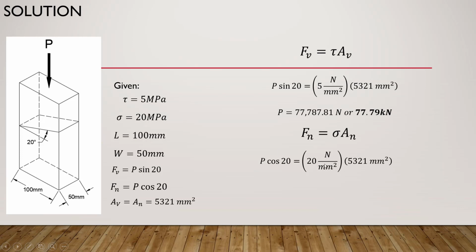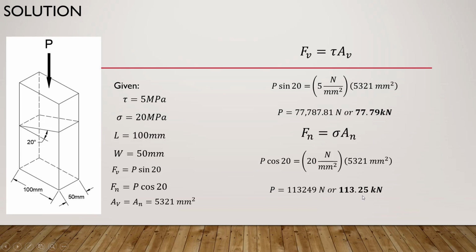We use 20 megapascal because this is the allowable stress for compression. It means that our compression block is stronger in compression compared to shearing. That's why it has a higher allowable compressive stress than the allowable shearing stress. Simplifying the equation, we get the value of P considering the compression, which is equal to 113.25 kilonewton.